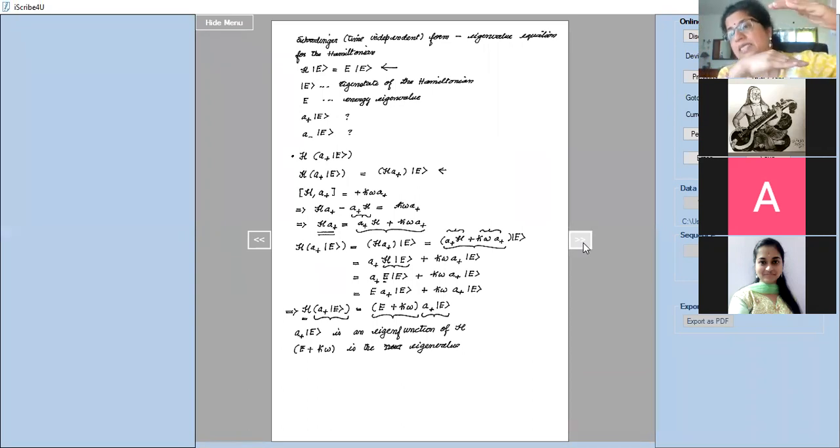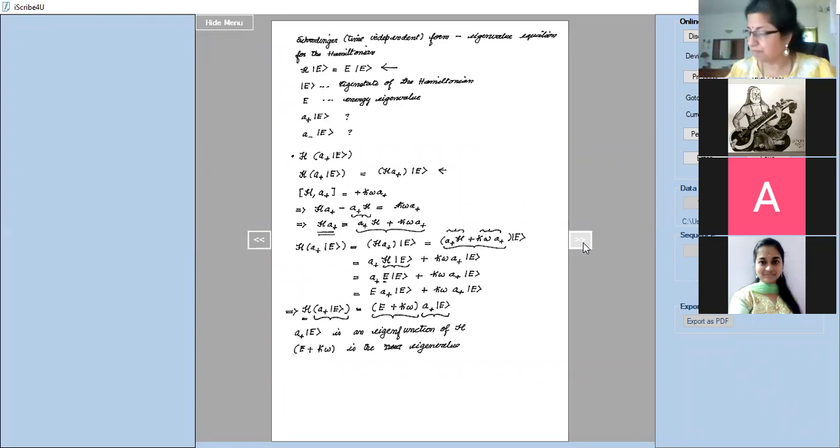The step size is H cross omega. Since A plus has made you go up the energy ladder, remember, it has not increased the energy. It has changed the energy level to something which has an extra energy of H cross omega compared to the earlier energy level.